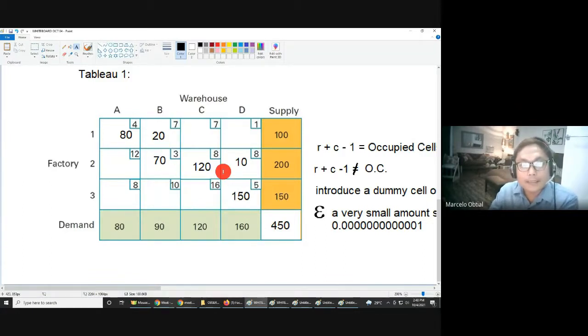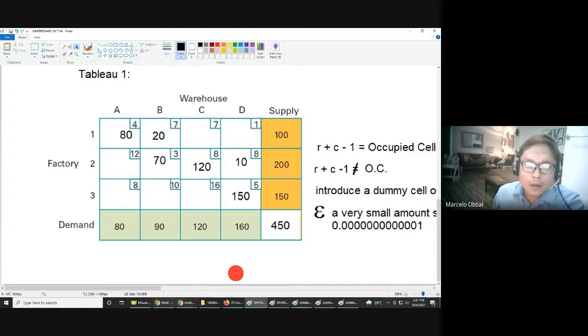Kumbaga, that's only our guess, no? Palagay natin, baka yan yung answer. That is why, para masystematize yung ating paglagay sa loob, we followed the first step, which is initialization of your tableau, where we might use the northwest corner rule, the least cost method, or the VAM, or the Vogel's approximation method. No? But in this case, nagbigay ako ng instruction, so we're done with that step.